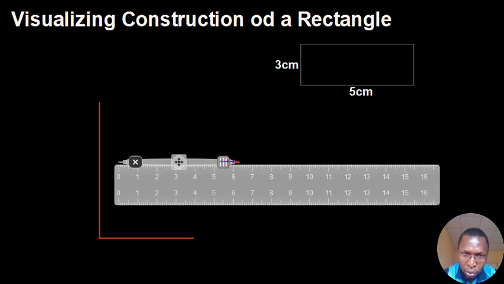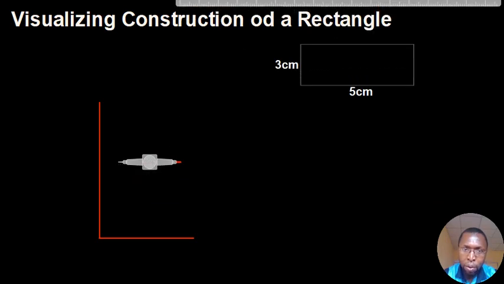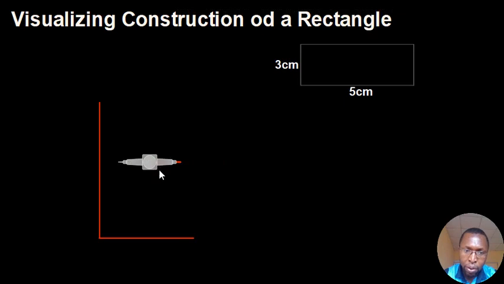I will reduce this to 3 centimeters. So I've gotten what I need from the ruler. Then I can now move my compass to the location I need it to be. So I move it to this point here.